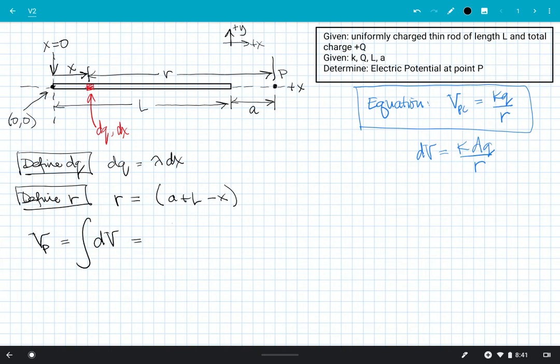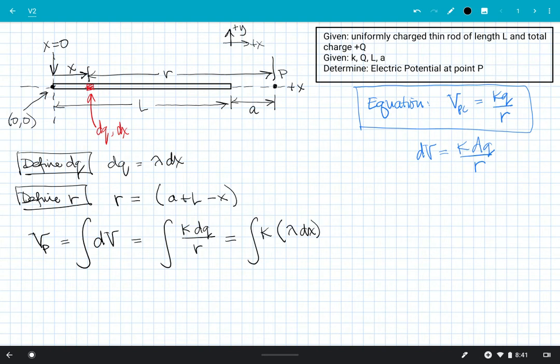So dV is, of course, k times dq over r. And now I'm going to substitute in my expression for dq and expression for r. This is the same way we did it when we were finding E. I'm just walking through it again. If you got it the first time, awesome. Not everybody does. So k, and then I'll put in here lambda dx.